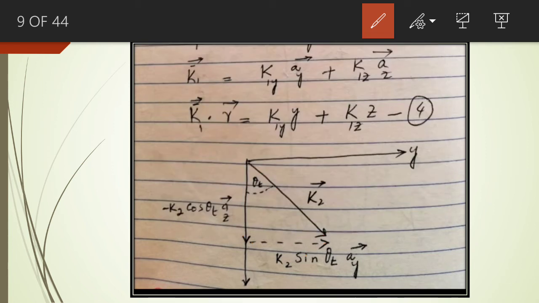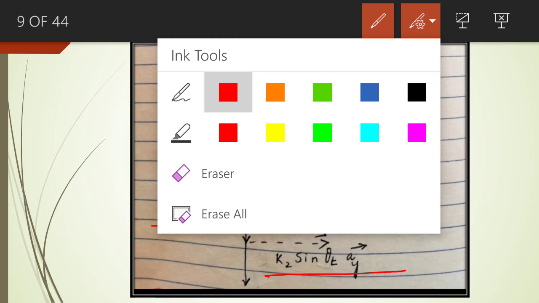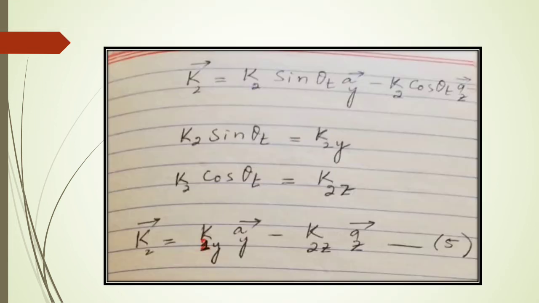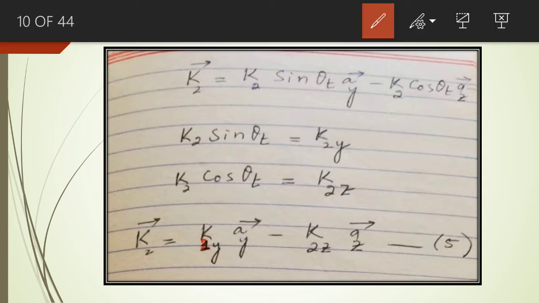The component of k2 which is along y-axis is k2 sin theta t ay, and the component of k2 which is along negative z-axis is minus k2 cos theta t. So we can write down k2 in this particular form. k2 will be equal to k2 sin theta t ay minus k2 cos theta t az.